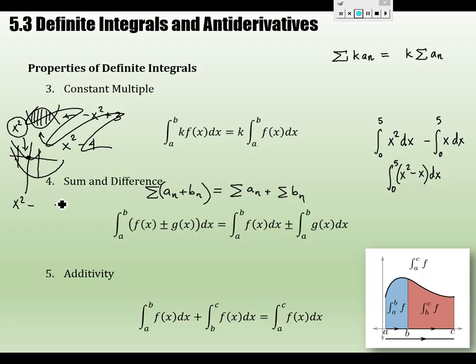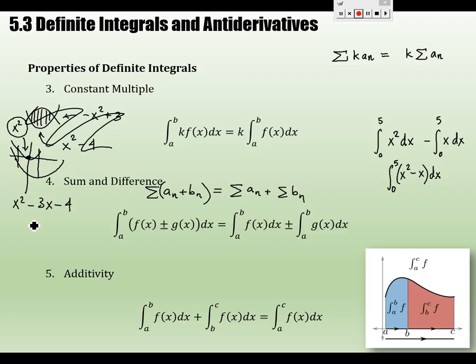Let's make those zeros something nice. Something like that. So could you find the area between those?